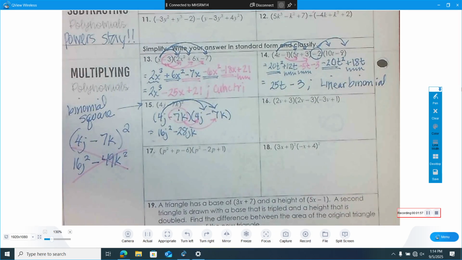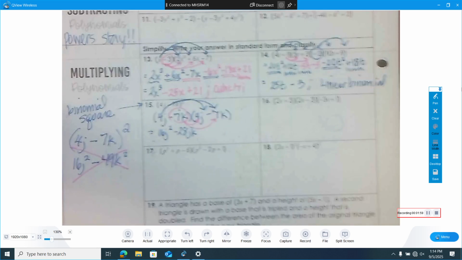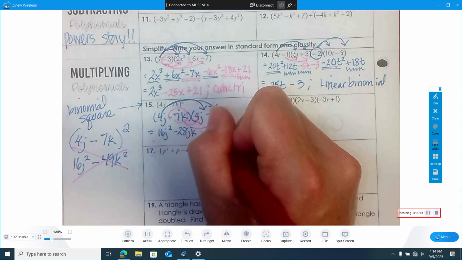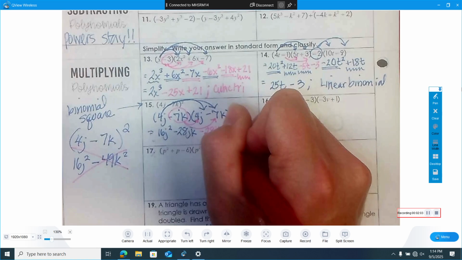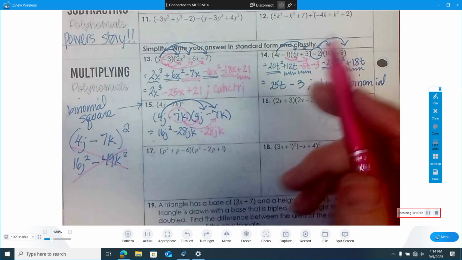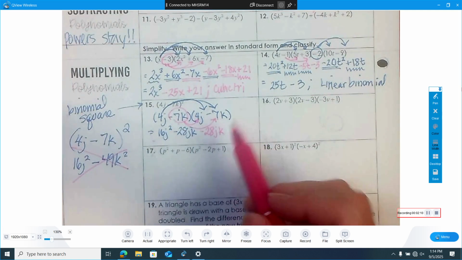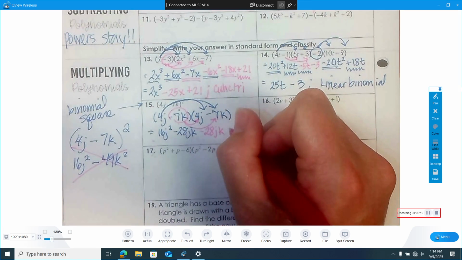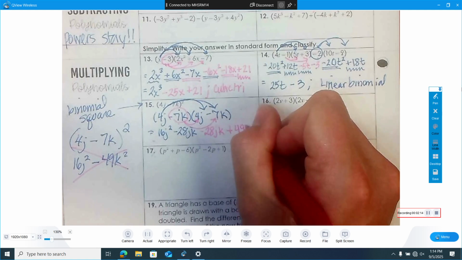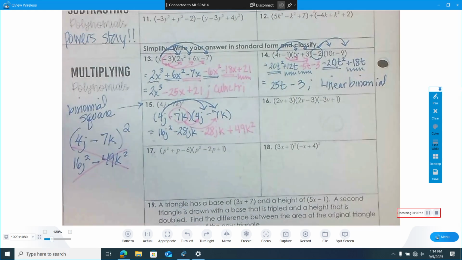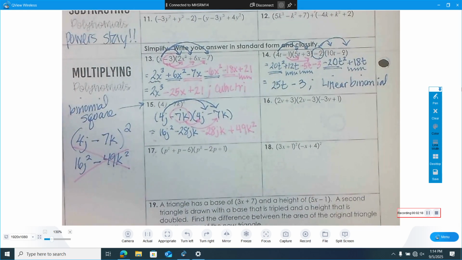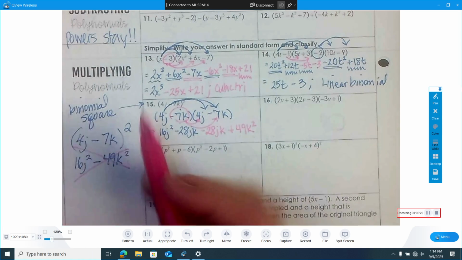So negative 7k times 4j, another negative 28jk. And then negative 7k times negative 7k is positive 49k squared. So we get a very different thing than that silly shortcut.